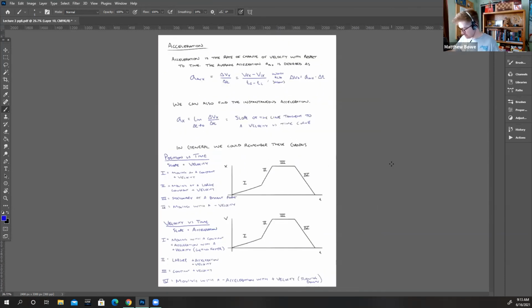So when things are moving on a position versus time graph, the slope is velocity. When things are moving on a velocity versus time graph, the slope is the acceleration. And the last point I wanted to make was that when the signs on acceleration and velocity are opposite, that means there is a deceleration.